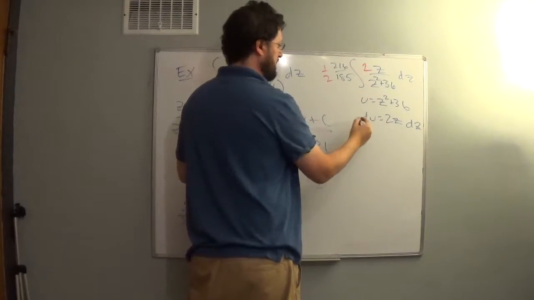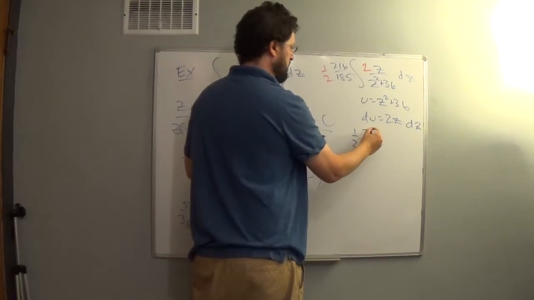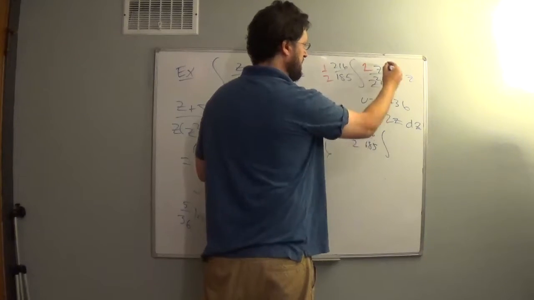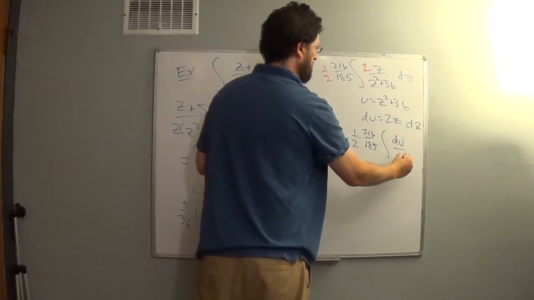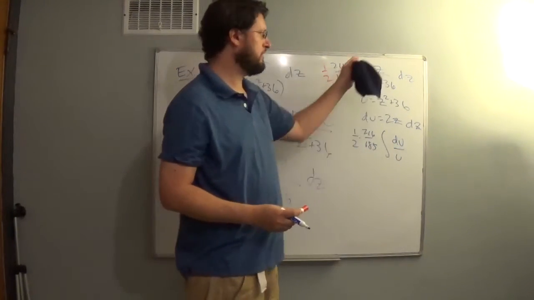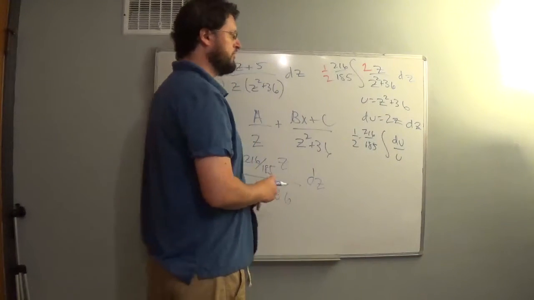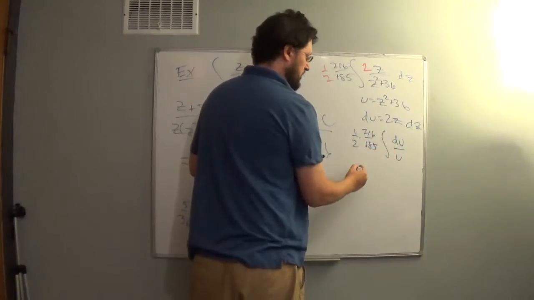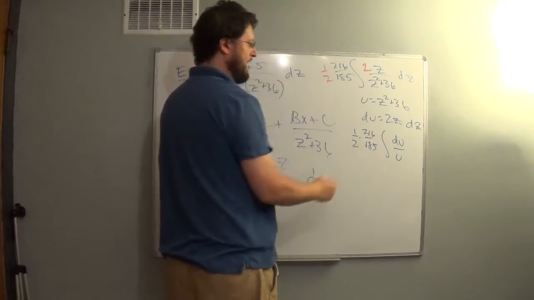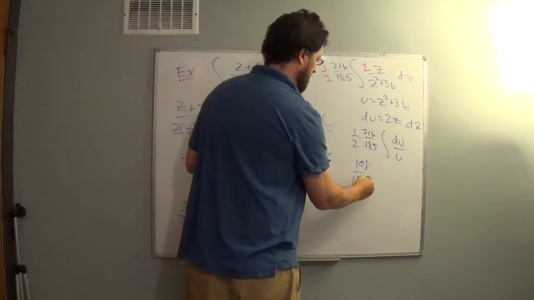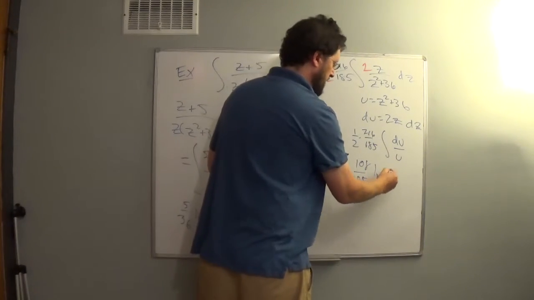So that now this is 1/2 times 216 over 185 times the integral of du over u. 2z dz, the numerator is du, the denominator is u. So that's du over u, which integrates to, so the 1/2, that'll be 108 over 185 times ln of absolute value of u.